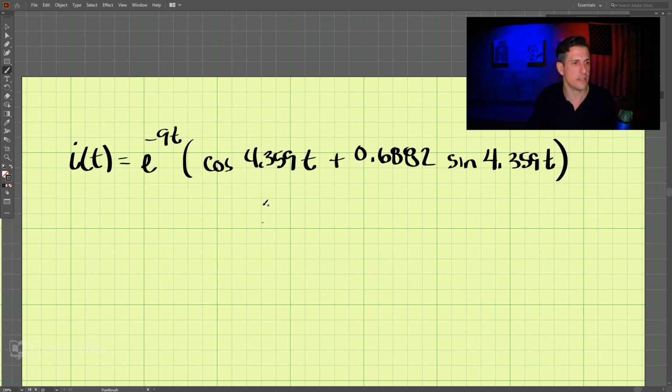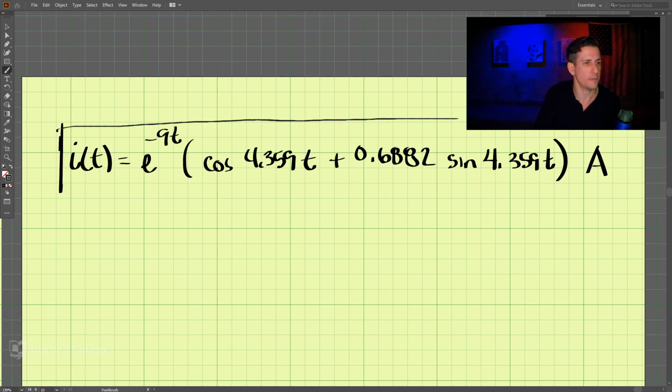So that is the total equation here for this problem.